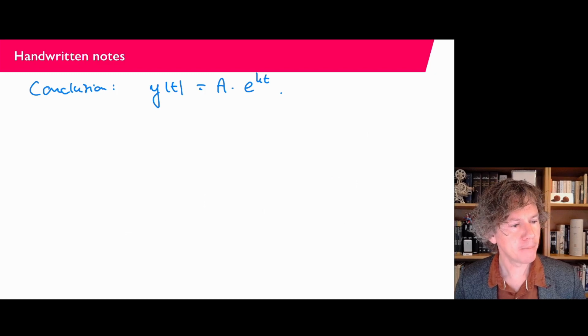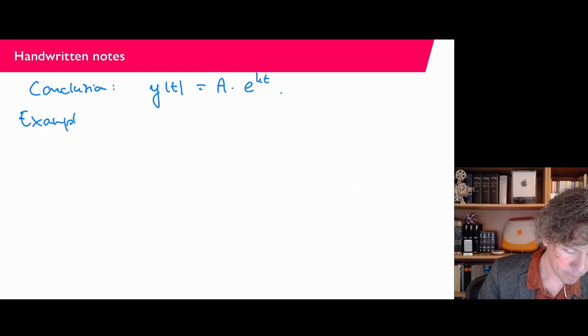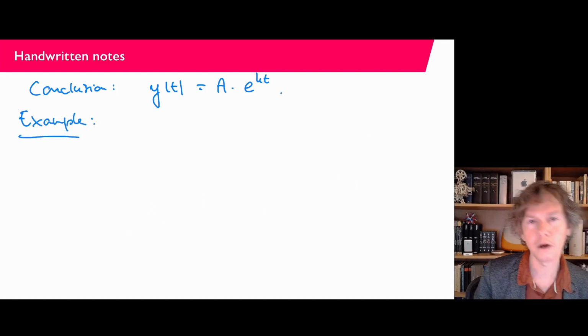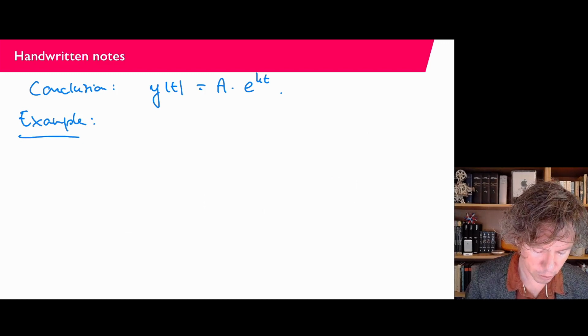Now, as an example, let's say that we have the following data. So I'm going to try and translate this to an actual situation that you could have in a laboratory.